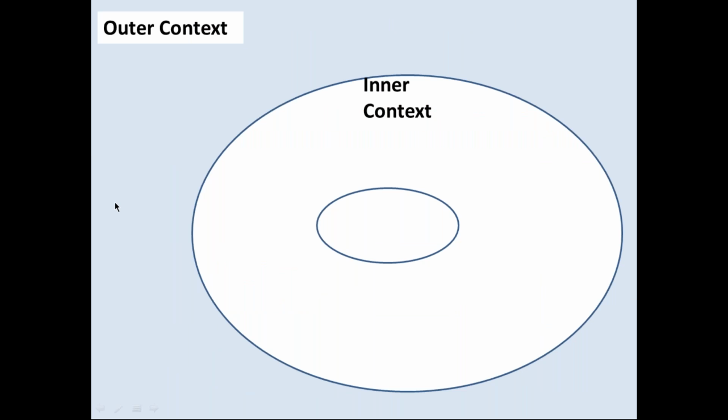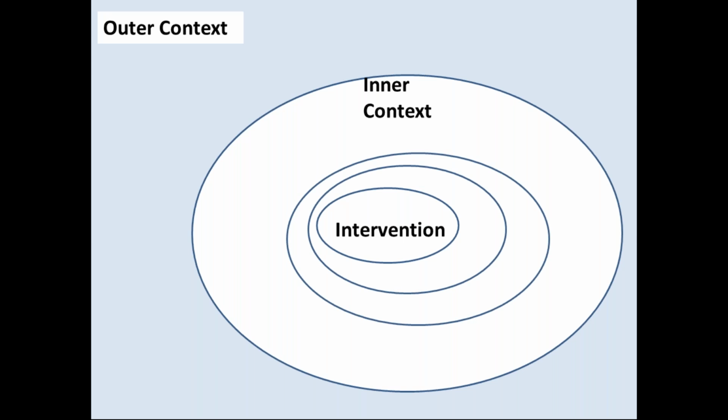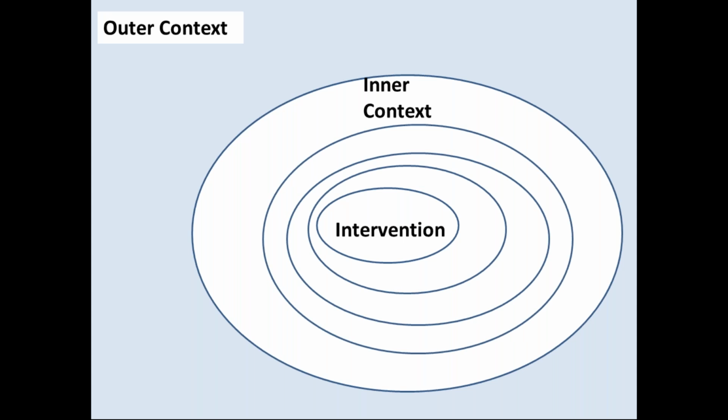And I put together this diagram just for the purposes of our visual understanding. I don't know how useful it is, but it's just to say that you have context, and you have an intervention that is placed in the context, and it has an interaction with the inner context and the outer context.